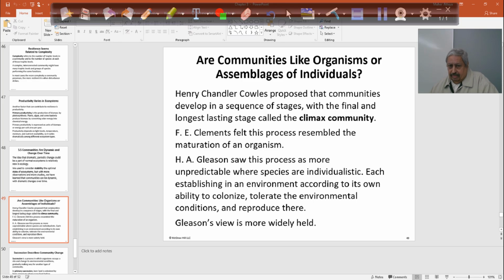So Henry Clements proposed that communities develop through a sequence of stages, with the final and longest lasting stage called the climax community. And Clements felt this process resembled the maturation of an organism.